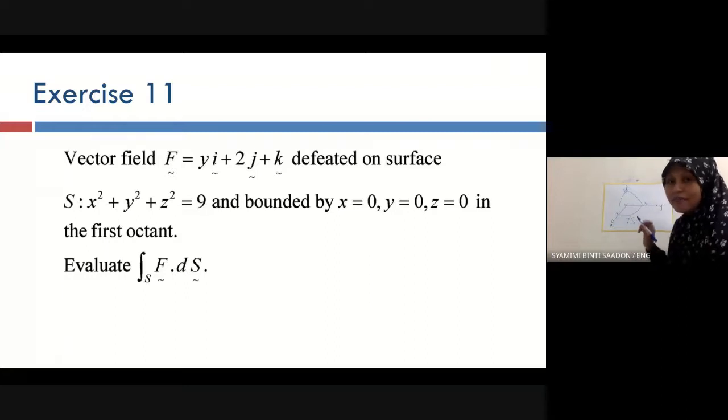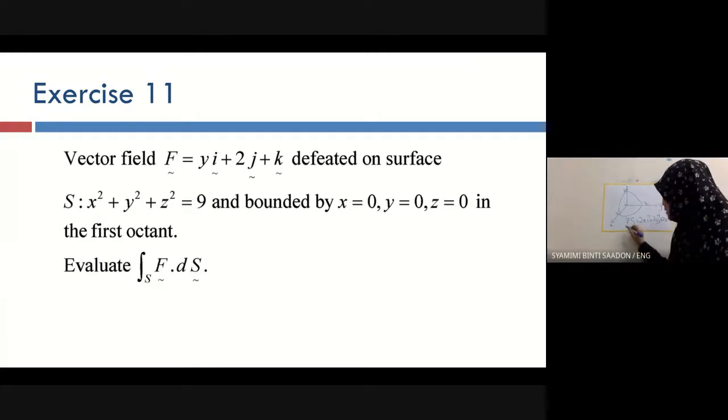So you have 2x i plus 2y j plus 2z k, because S is x square plus y square plus z square. So we just get the derivation of each of the components.